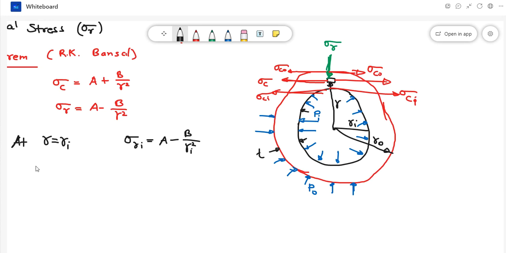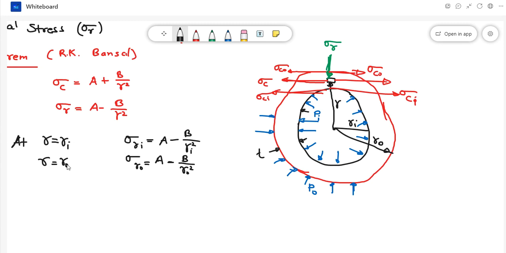In a similar way, at outer radius R equal to R naught, sigma R naught is equal to A minus B by R naught square. So at inner radius your R will become Ri, and at outer radius R will become R outer.